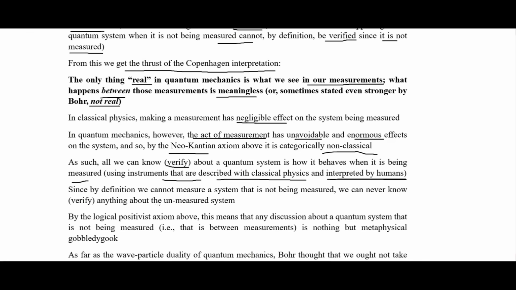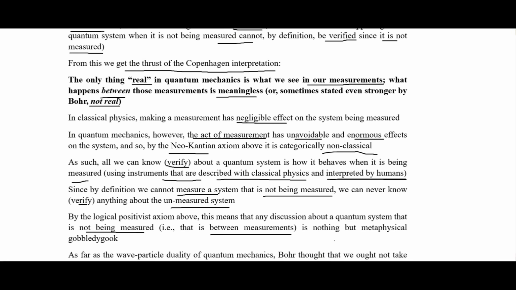So since by definition we cannot measure a system that is not being measured, we can never know or verify anything about the unmeasured system. So by the logical positivist axiom from above, this means that any discussion about a quantum system that is not being measured, that is, between measurements, which I called in an earlier video its quote-unquote quantum state or superposed state, is meaningless.